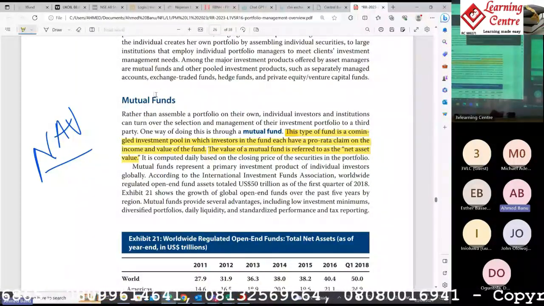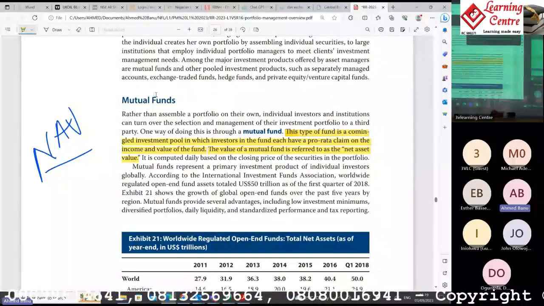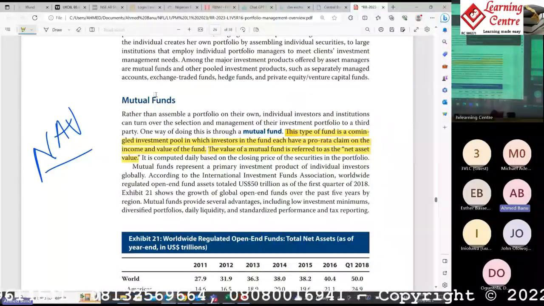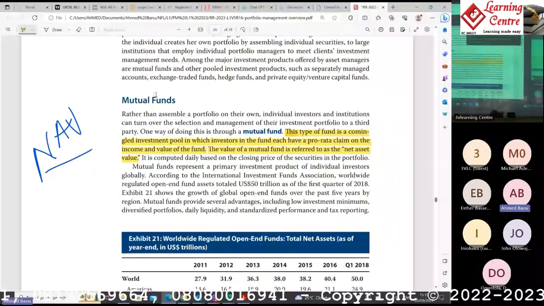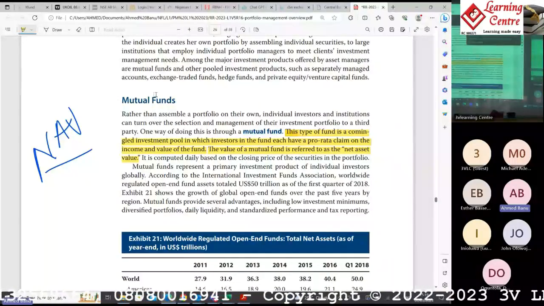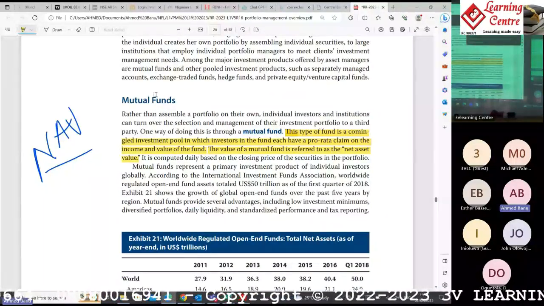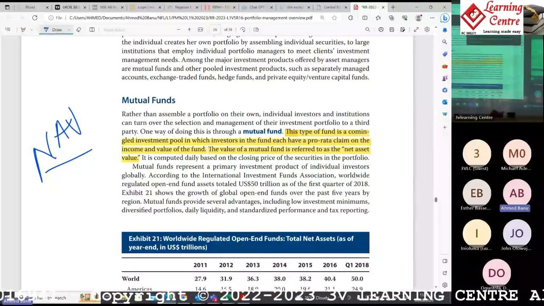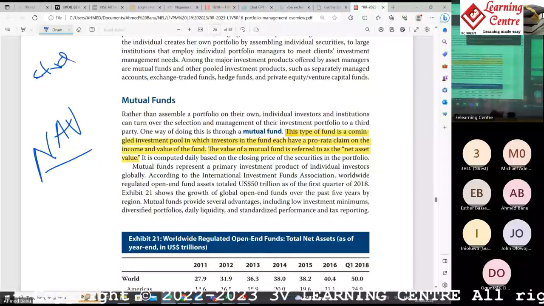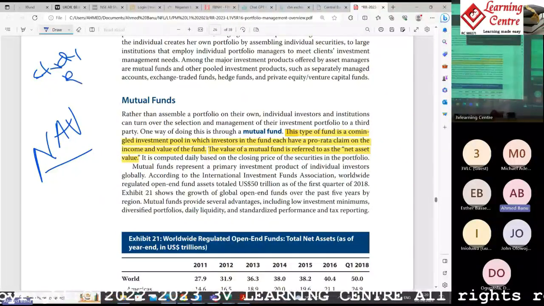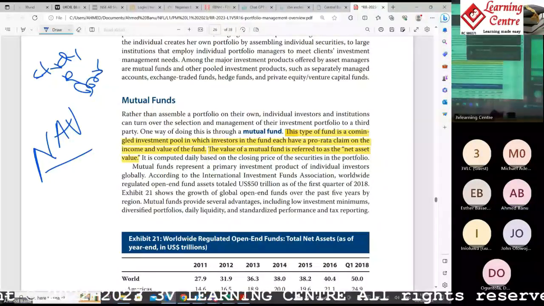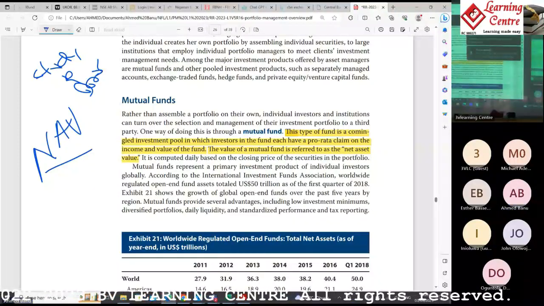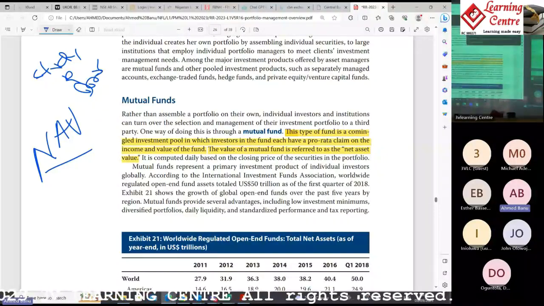So let me paint a picture for you guys. Imagine I have a mutual fund where I just have stocks and bonds. And for the stocks and bonds, there are different stocks and different bonds.